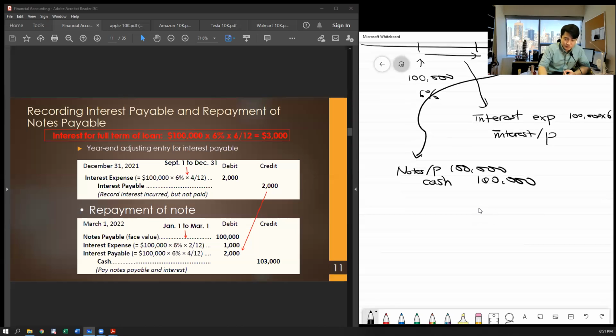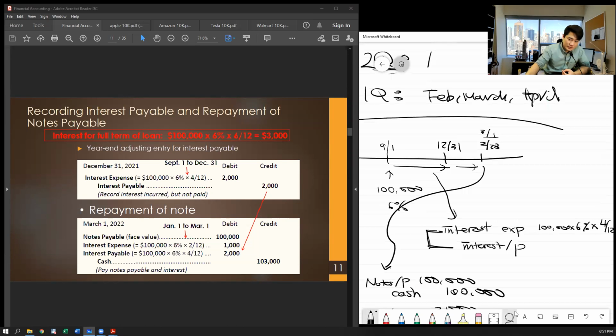And you're also going to pay back with interest, right? So on December 31st, you had this adjusting entry. So you're going to reduce that interest payable by 2,000.